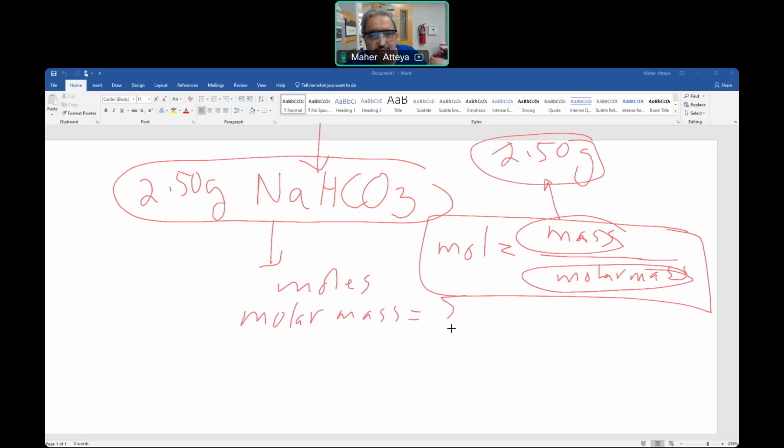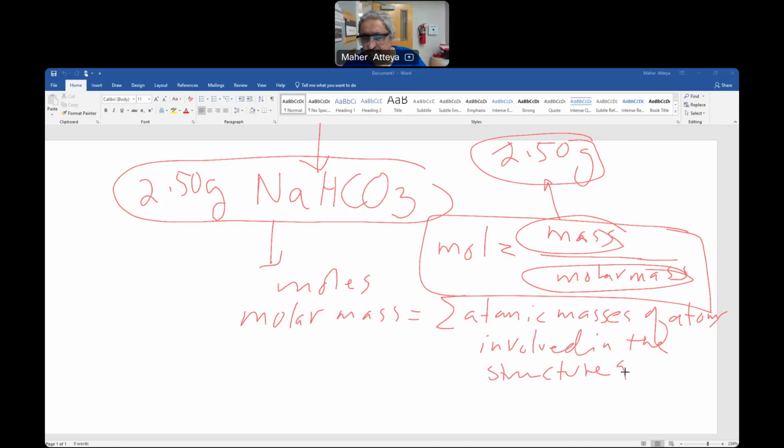The sum of all atomic masses of atoms involved in the structure of the molecule, correct?